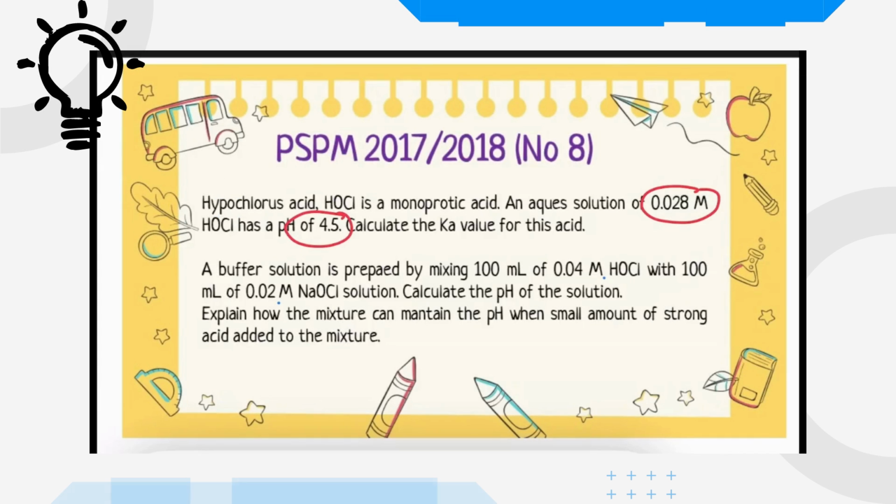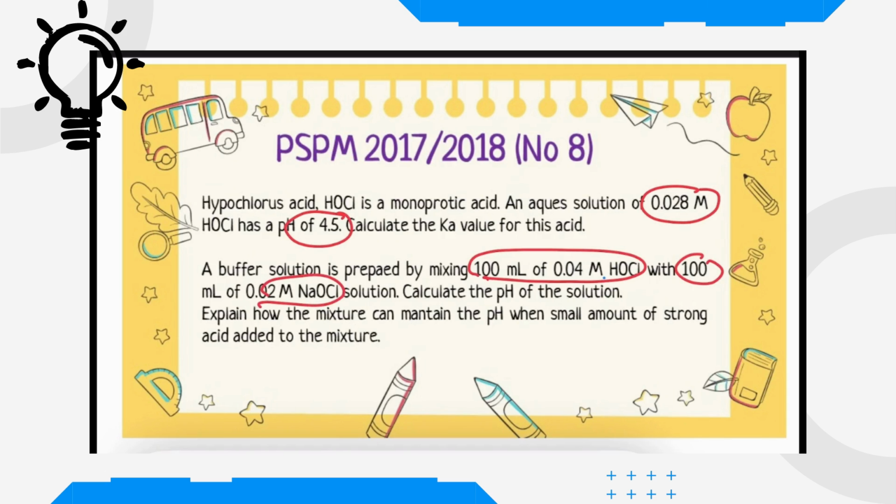Now let's look at the second part of the question. The buffer solution is prepared by mixing 100 ml of hypochlorous acid together with 100 ml of its salt. Calculate the pH. Okay, so we know that when we have a weak acid together with its salt, it forms a buffer solution. So first we need to list down all the information given.